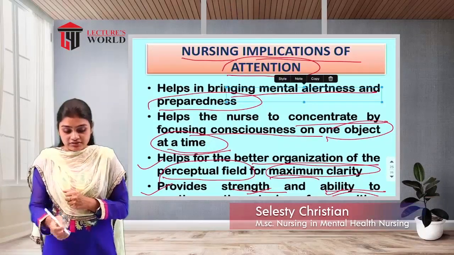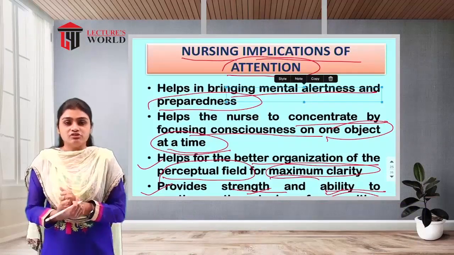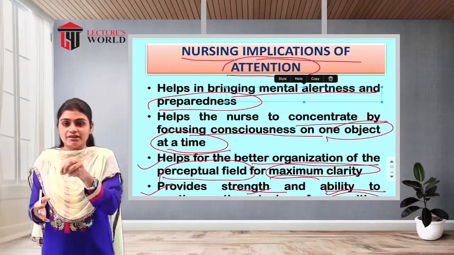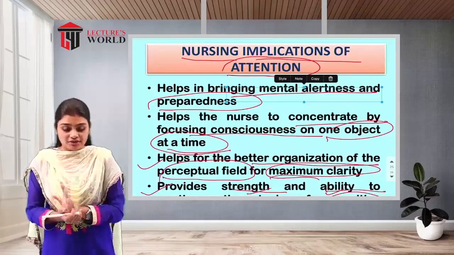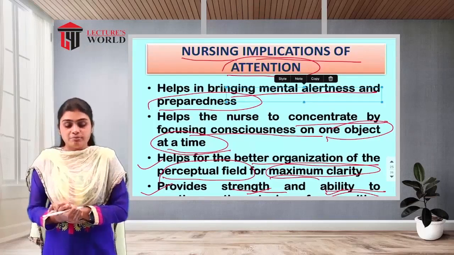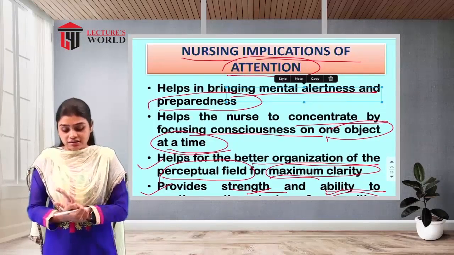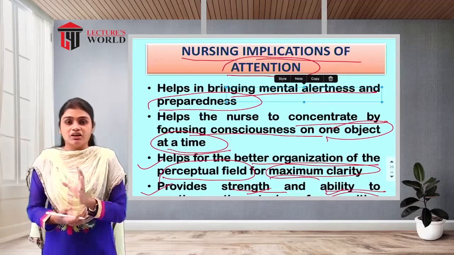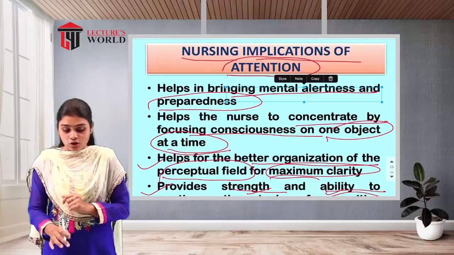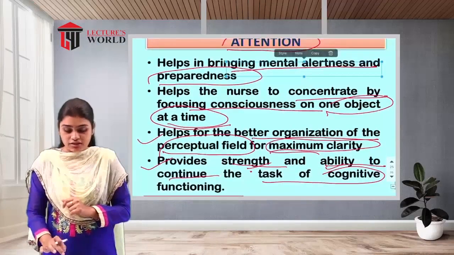Then we have seen distraction, how an individual is distracted from one specific attentive thing to another stimulus. And at last we have completed the nursing implication of attention, how attention will be helpful for nursing. So this is all about attention.